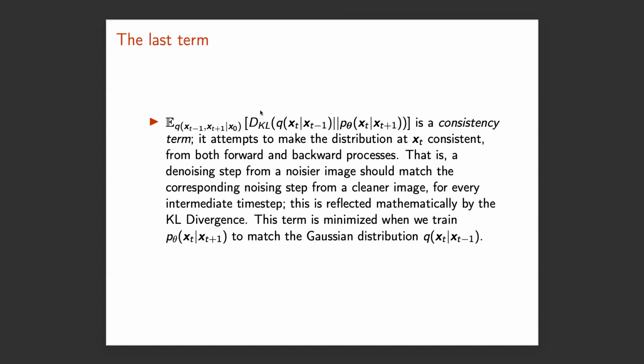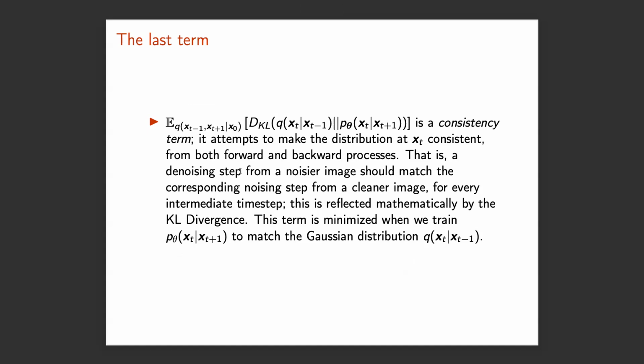Then the final term is also a Kullback-Leibler divergence, because we have a ratio between two probabilities, and it is normally called a consistency term. It attempts to make the distribution at a given time consistent for both the forward and the backward process.